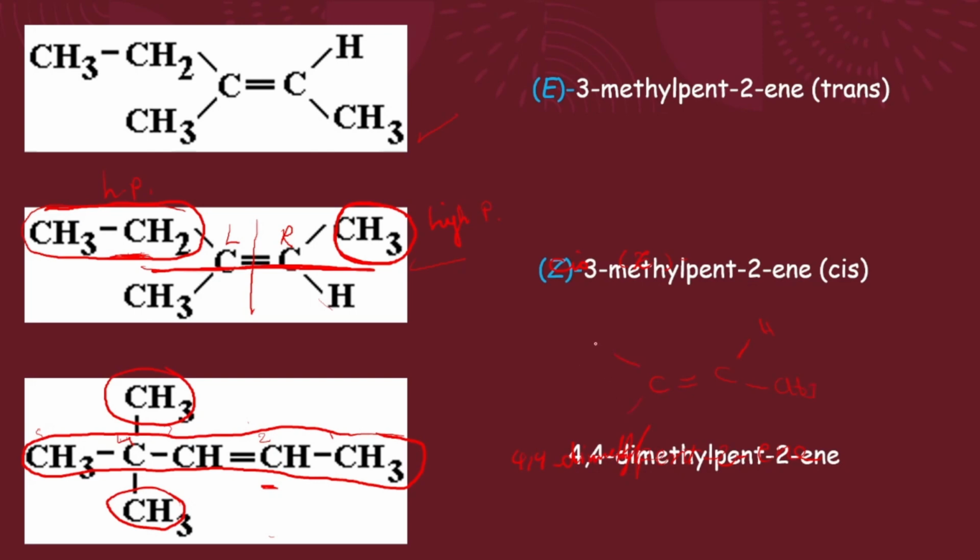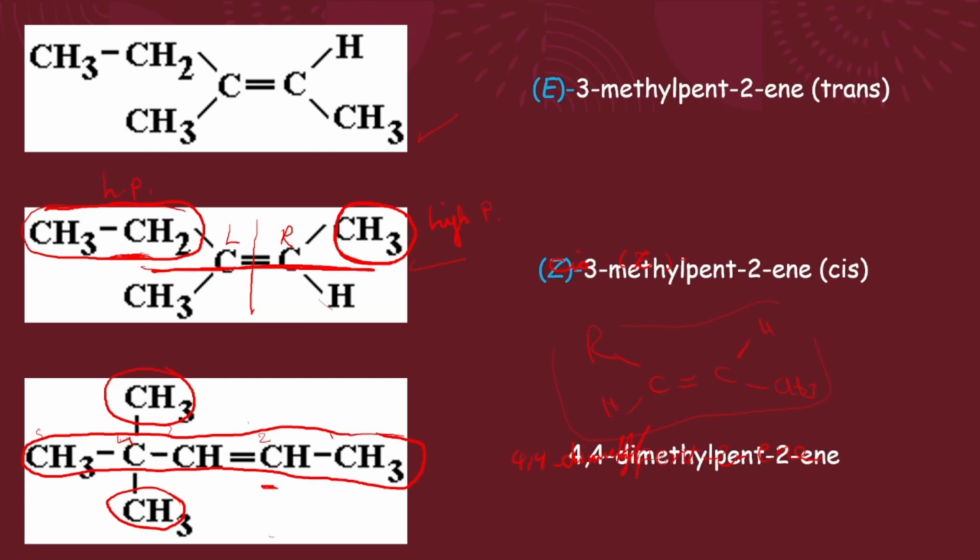For example, here is the hydrogen, and here is the rest of the compound, or the alkyl group. So we should have this shape. But if the groups are not shown and are not branched, I cannot decide whether this compound is a cis one or trans one. Okay?